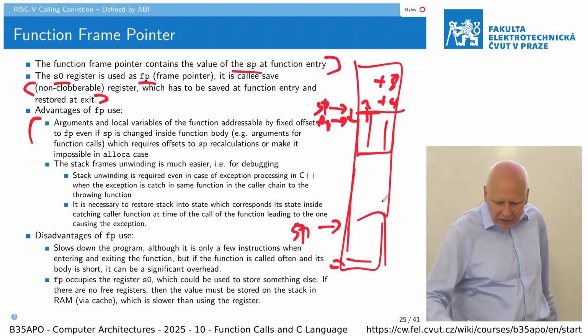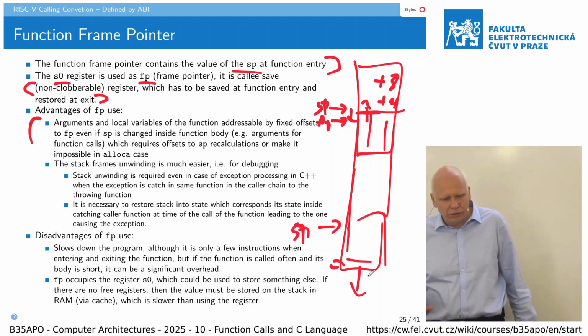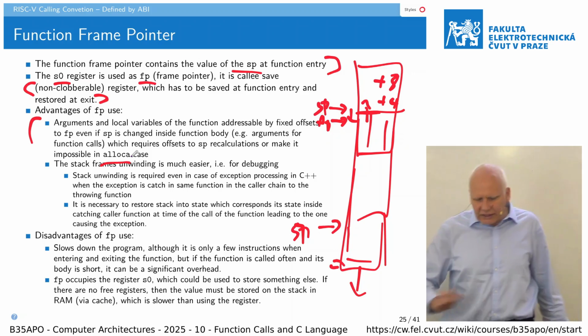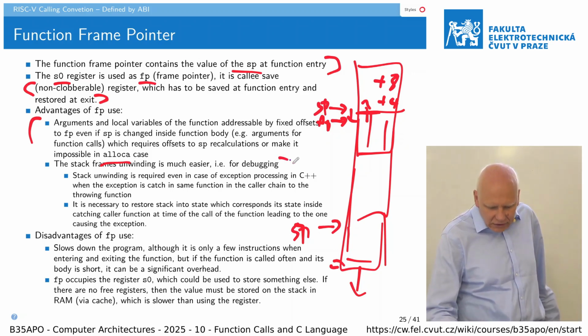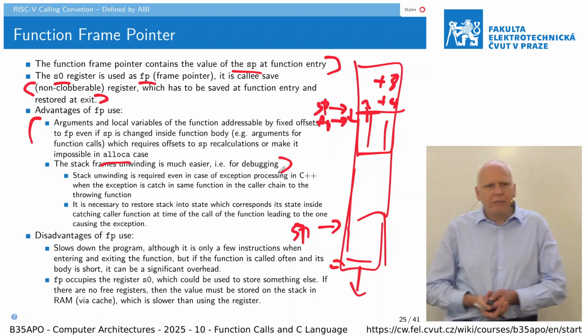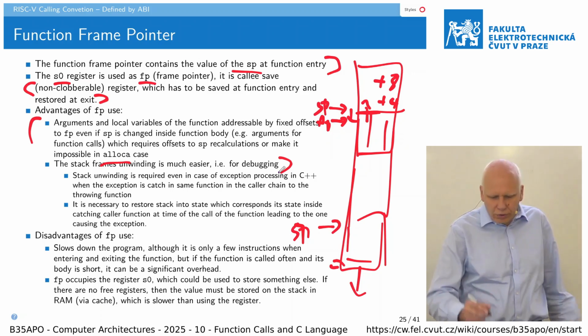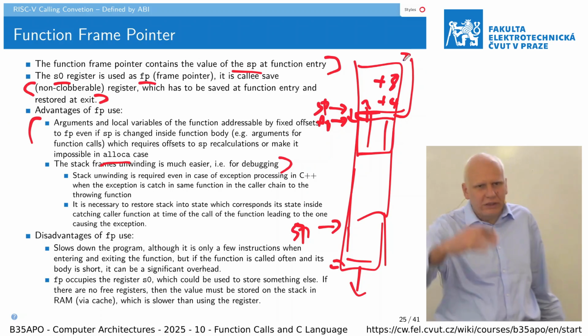But when you have variable length arrays or use automatic allocation, then you have a problem. And the frame pointer makes debugging much easier, because if you look at the location of the frame pointer, you find the pointer to the previous frame pointer and so on.